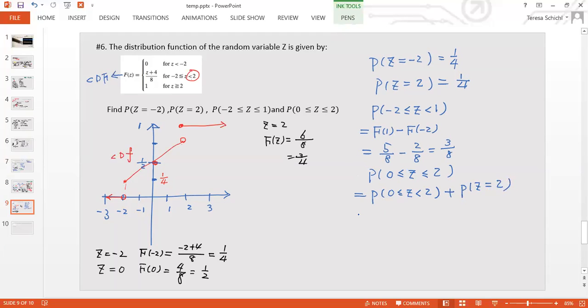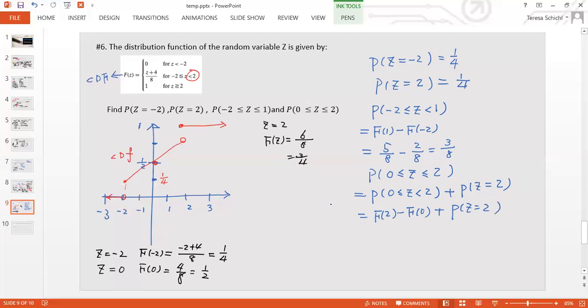So for z less than 2, I'm going to use F of 2 minus F of 0, plus the probability z is equal to 2.